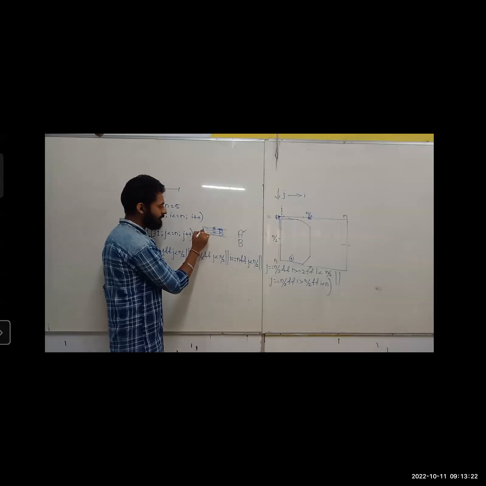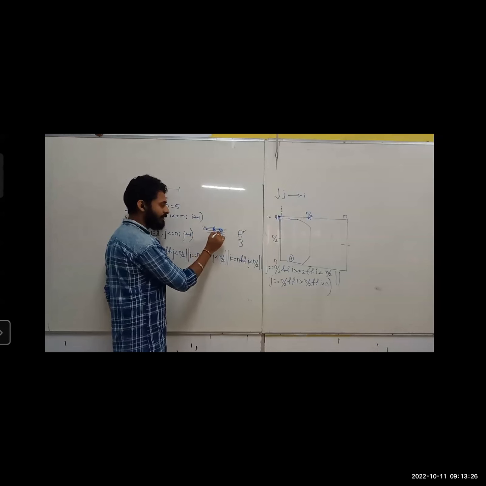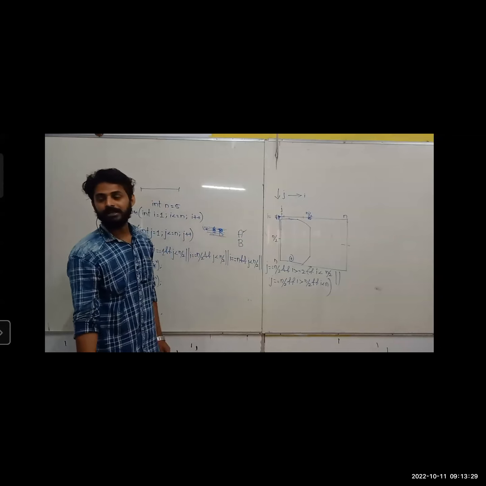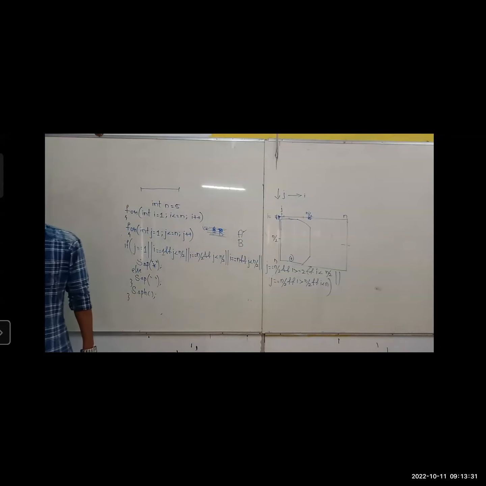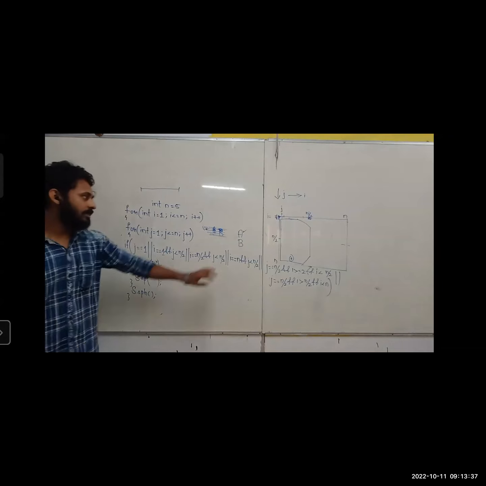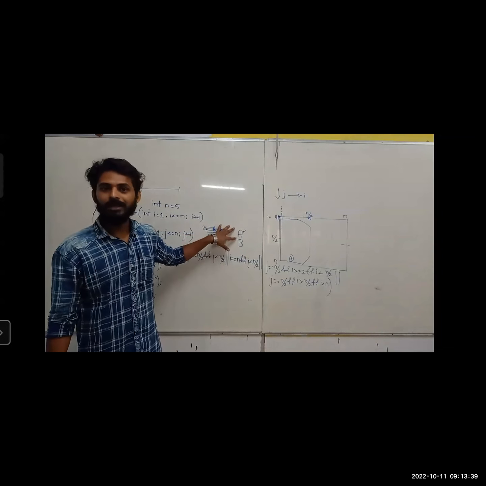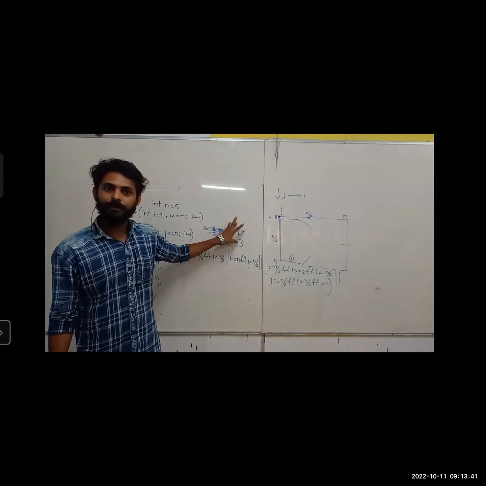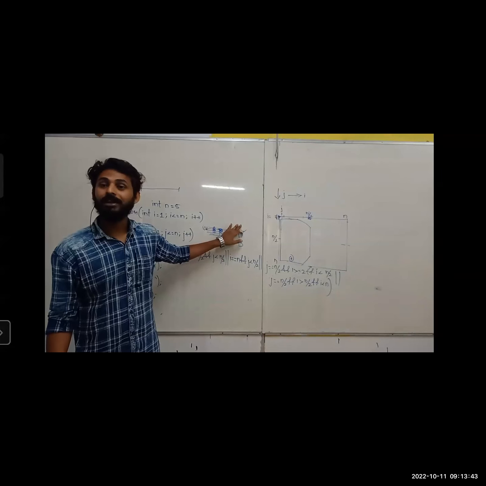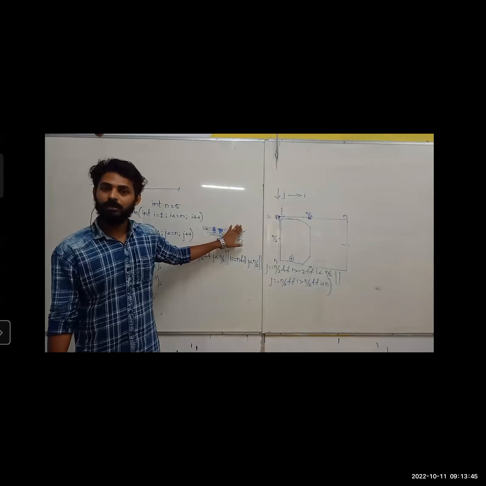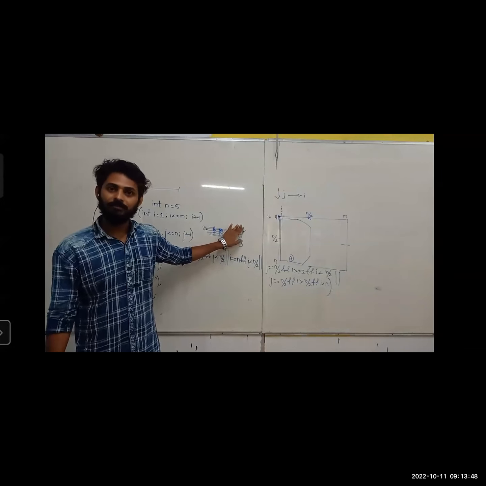Whenever I equal to 2, some part of A, some part of B. Whenever it is 3, some part of A, some part of B. 4, A, B. Getting my point? But in the earlier situation, whenever I value is 1, it will print only A. Whenever I value is 2, only A. Whenever I value is 3, only A.